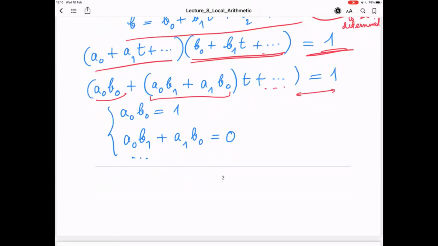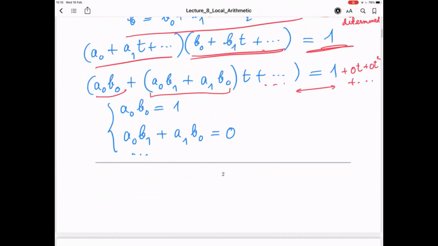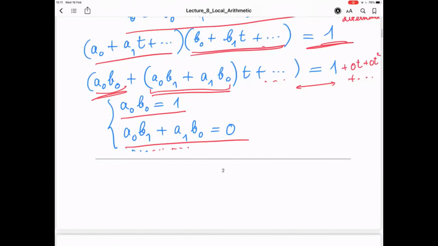Here, this is 1 plus 0 times t plus 0 times t squared, and so on. So the constant term gives me this relation, the coefficient of t gives me this relation, and for every power of t, I get a relation like this.